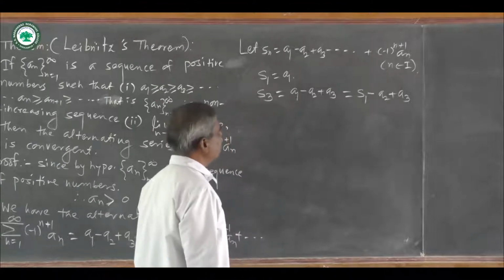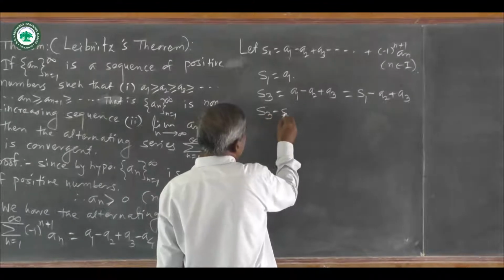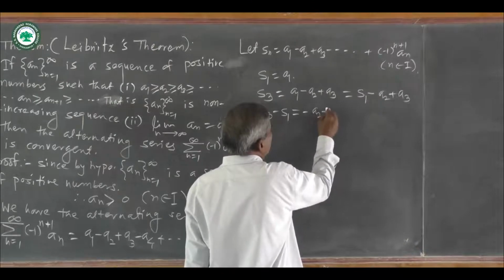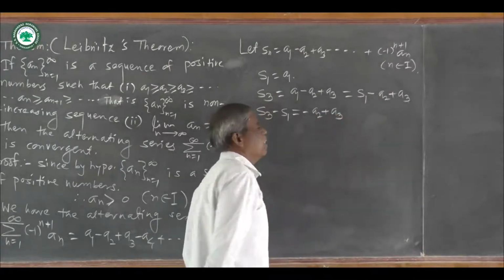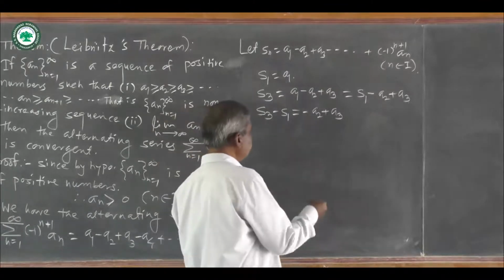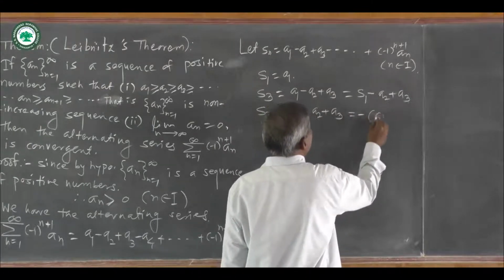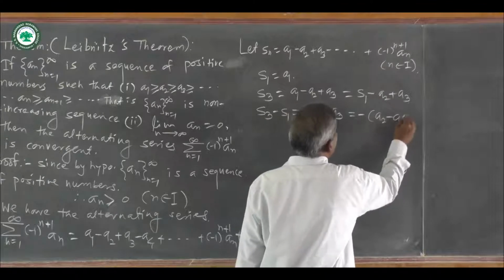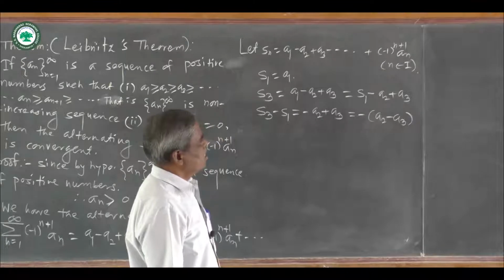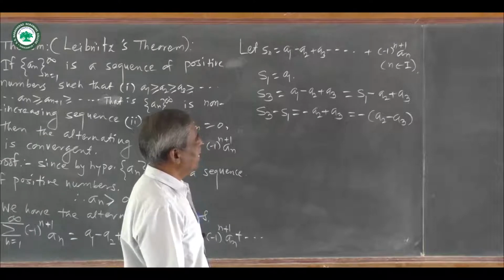S1 is a1. Therefore, S3 minus S1 is equal to minus a2 plus a3, which is equal to minus times a2 minus a3. A2 is greater than a3.